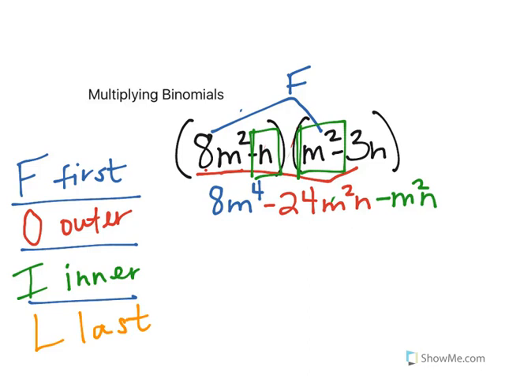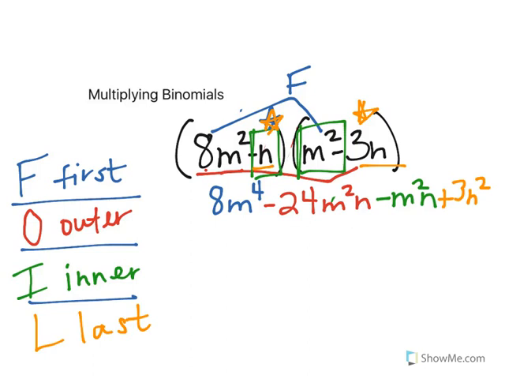And then next, our last terms, we have negative n and then a negative 3n. So when you multiply negative 1 basically times a negative 3, you're going to get a positive 3n squared. And it's n squared because we have those two n's.